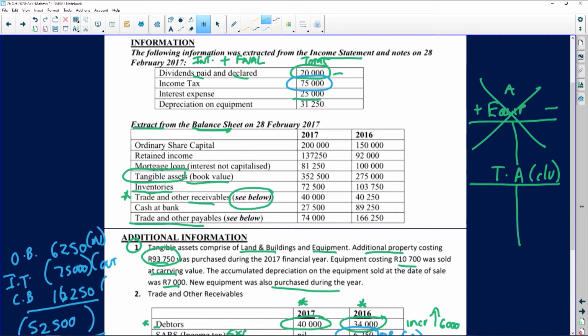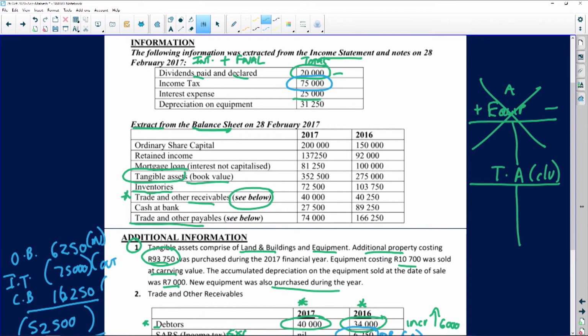Right, if this is confusing, I will do the tangible asset note once I've explained this, but I often find students really prefer this ledger account. So tangible asset at the beginning of the year, my tangible asset has a carrying value of 275,000. And remember, this is all my fixed assets, land and buildings and equipment.